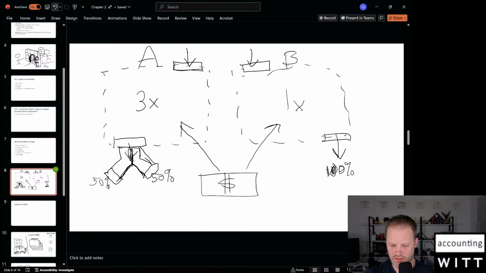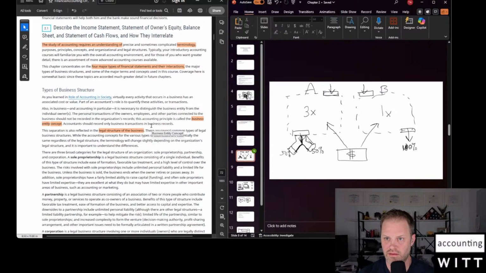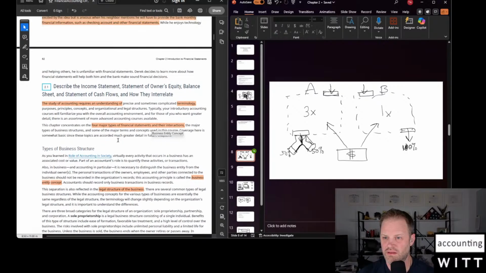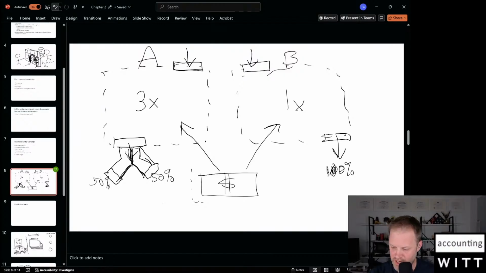Now, that's what this idea of this business entity concept is. Because when I started, the money was in my box.